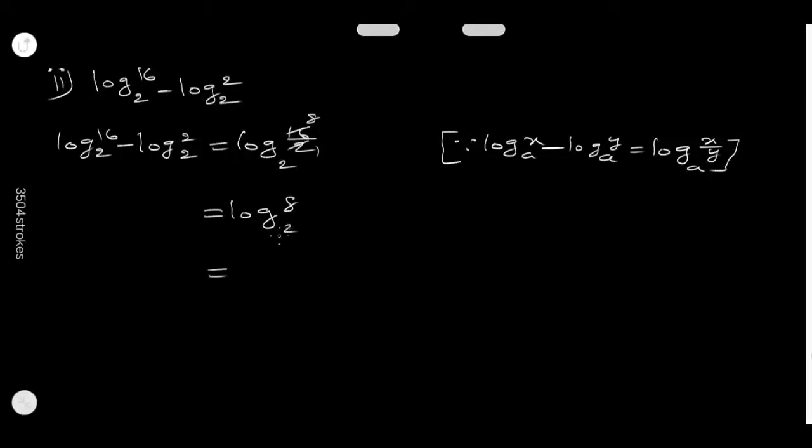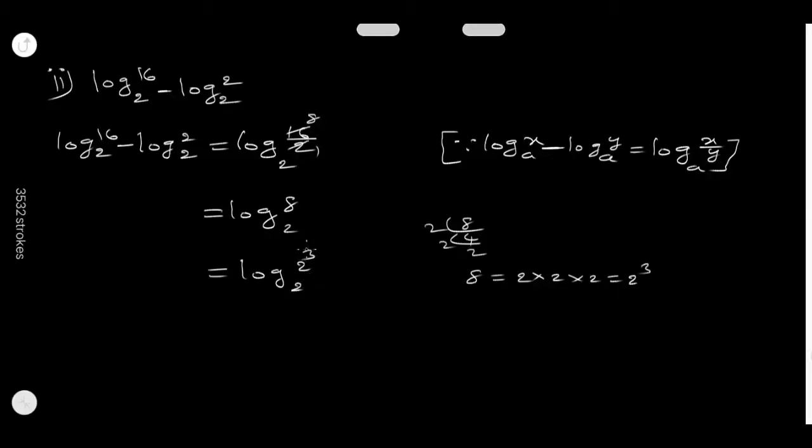So 8 equal to 2 into 2 into 2, that is equal to 2 power 3. So log 8 can be written as 2 power 3 base 2.